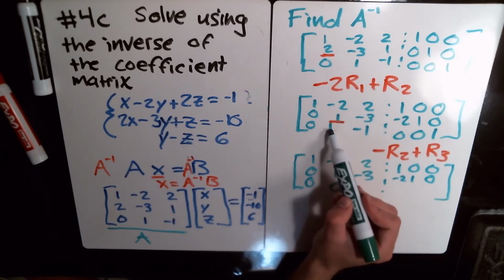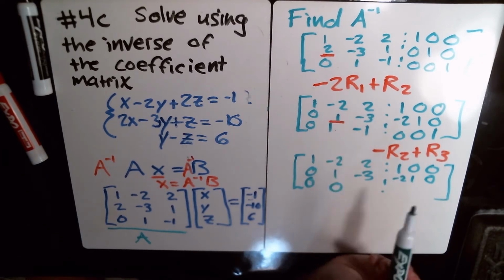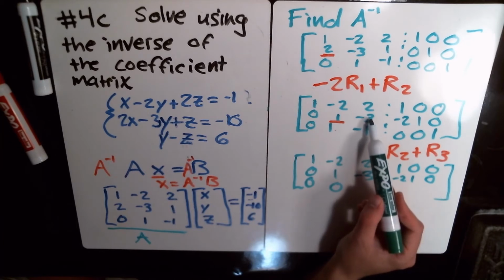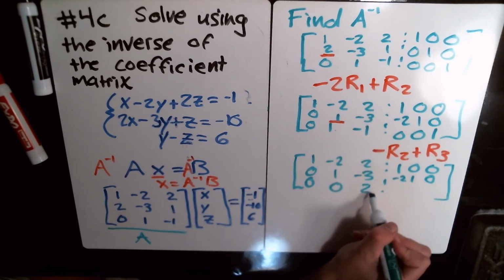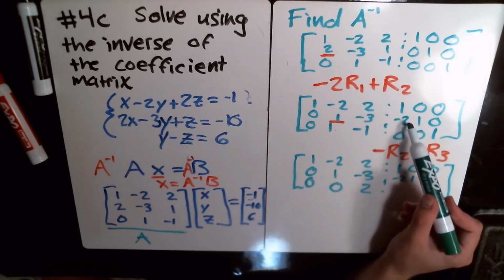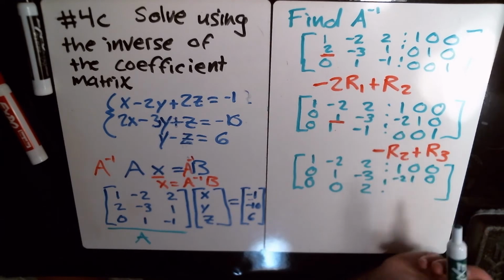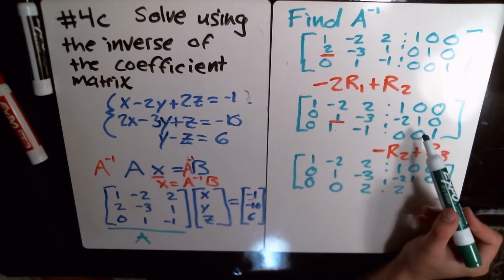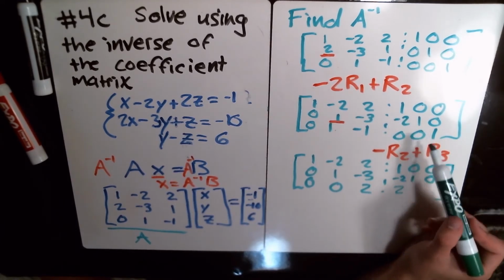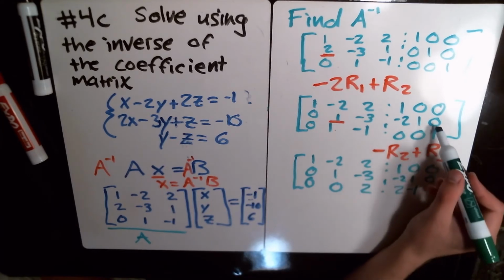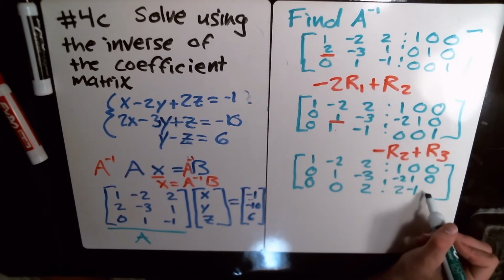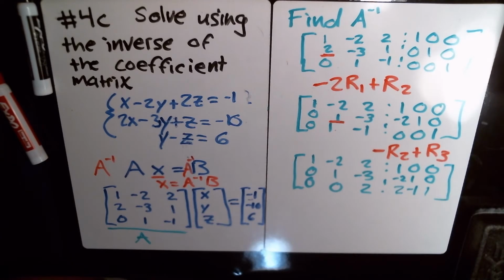Negative row 2 plus row 3, those two cancel out, we get 0. -3 times a negative is +3, plus -1 is 2. -2 times a negative is 2, plus 0 is 2. And then -1 plus 0 is -1. And -0 plus 1 is 1. Okay, so there is our matrix, and we're really close.